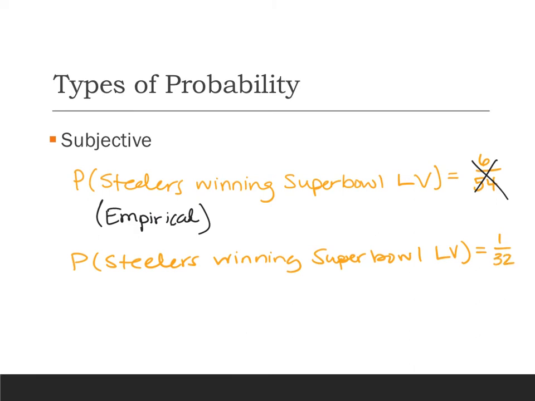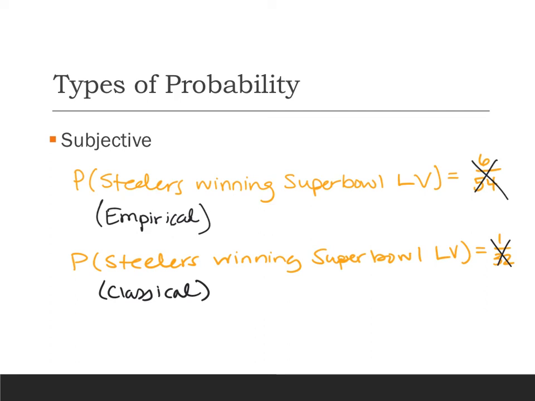There are 32 NFL teams. The Steelers are one of those teams, and so by classical probability, they would have a 1 in 32 chance of winning. Well, I think we're all aware that NFL teams are not equally likely to win the Super Bowl. So that's out. And so instead, we have to use subjective probability.